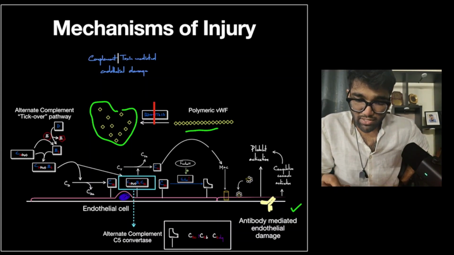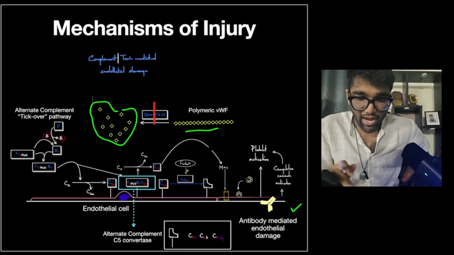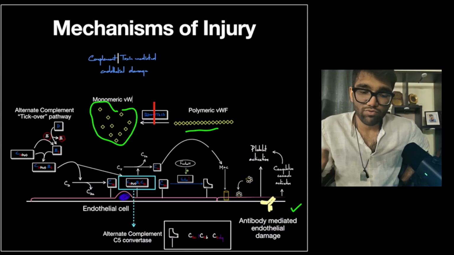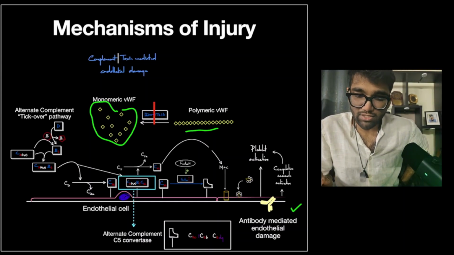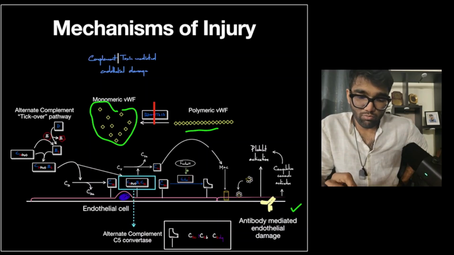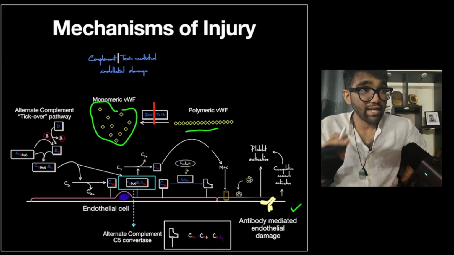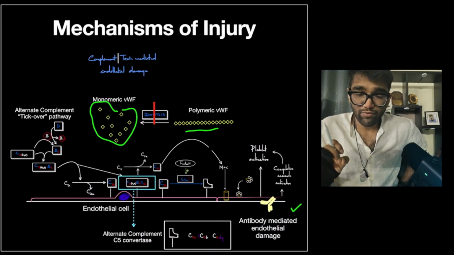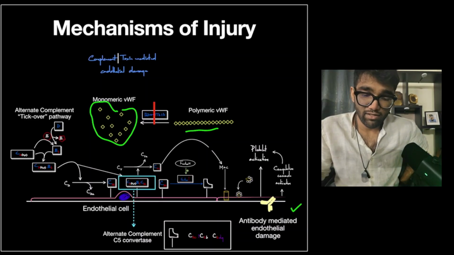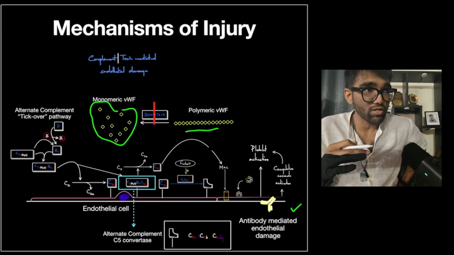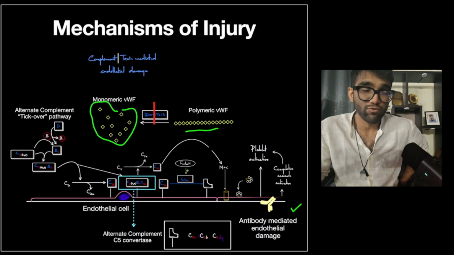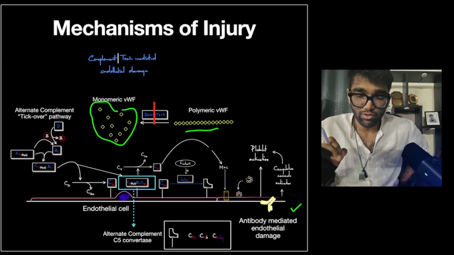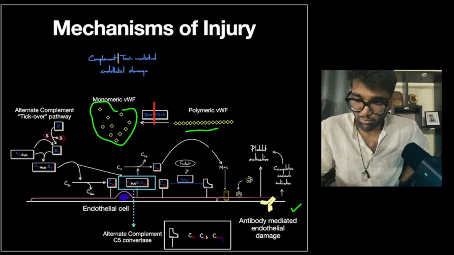Both polymeric von Willebrand factor and monomeric von Willebrand factor have their own functions, and they are very important functions. Monomeric von Willebrand factor binds to factor 8 and ensures that its half-life is normal, that is 6 to 8 hours. If it is not bound to factor 8, then the factor 8 half-life shortens significantly to 1 to 2 hours, and therefore the serum levels of factor 8 fall, resulting in something known as autosomal hemophilia.